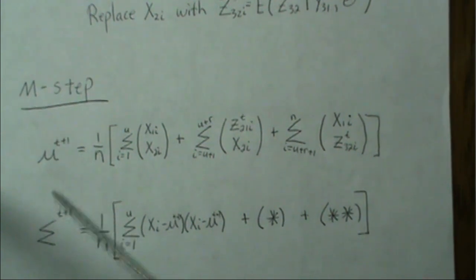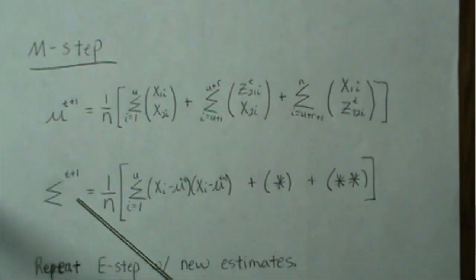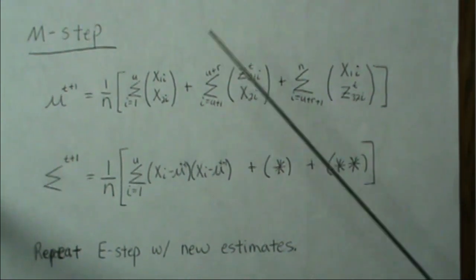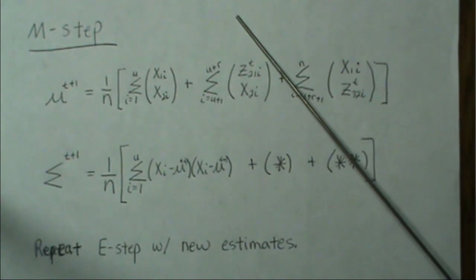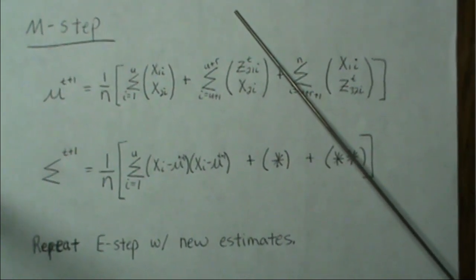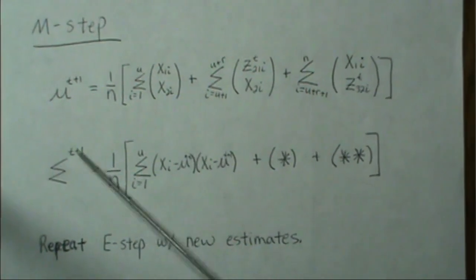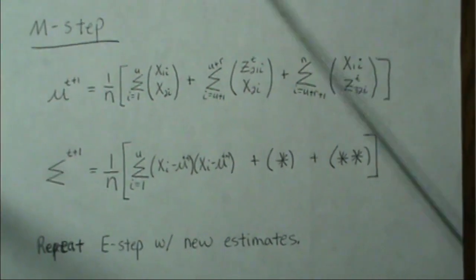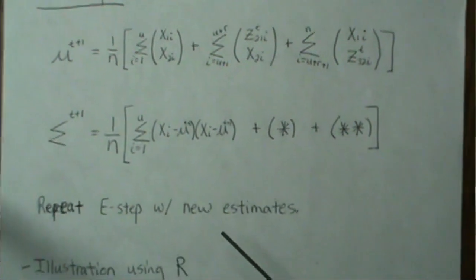So now these are updated estimates for our parameters. So you take these updated estimates and go through the E step again and make an update, and then you come to the maximize step, and then you estimate these again for the next time, and then you just repeat until these parameter estimates converge.